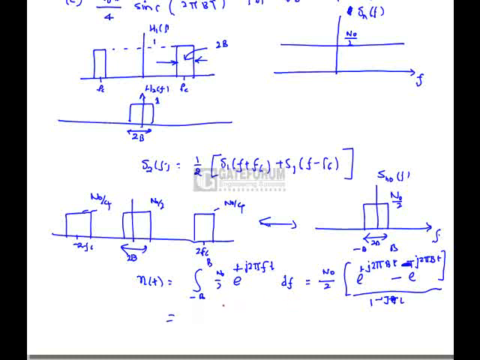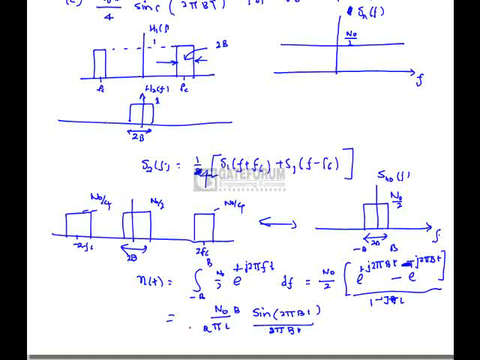So if we solve this one, N0 by pi t times sine of 2 pi bt, so this is 2 pi b, here bt, this is 1 by 4, okay, not 2, 1 by 4.